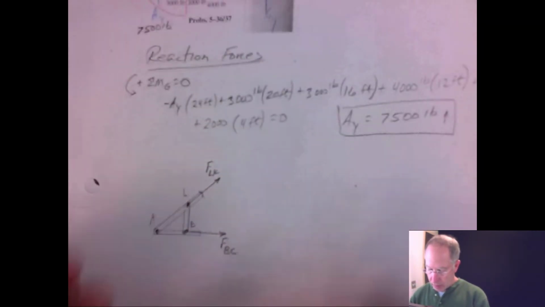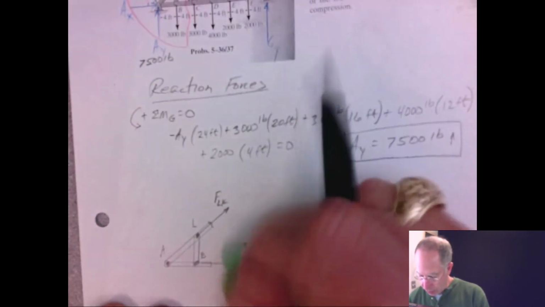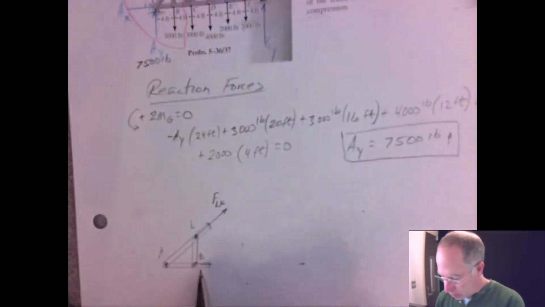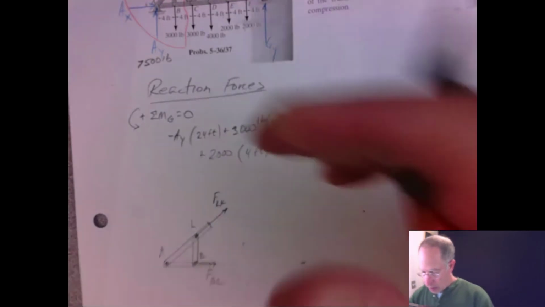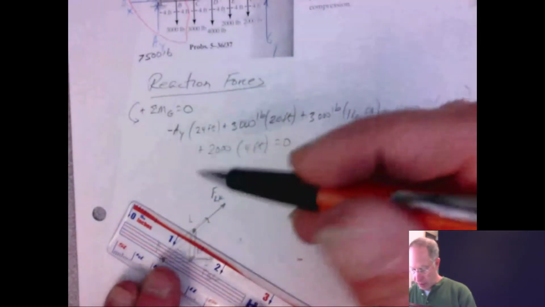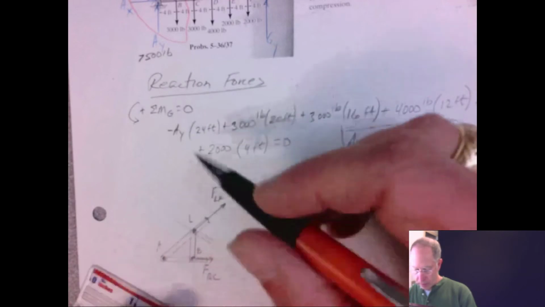So let's draw that in, LC. I'm going to erase this back a little bit. I was a bit aggressive on how long I drew it. So that's force BC. Just so that I have room to draw force LC out in this direction somewhere.